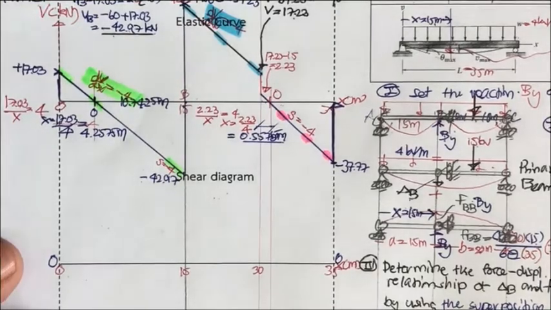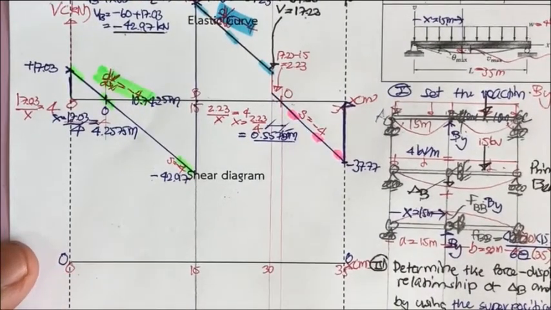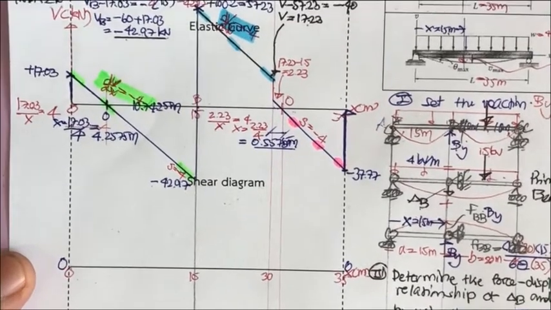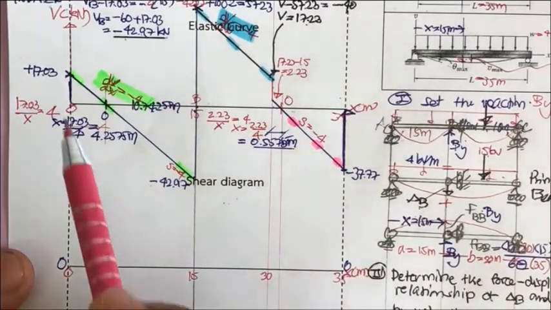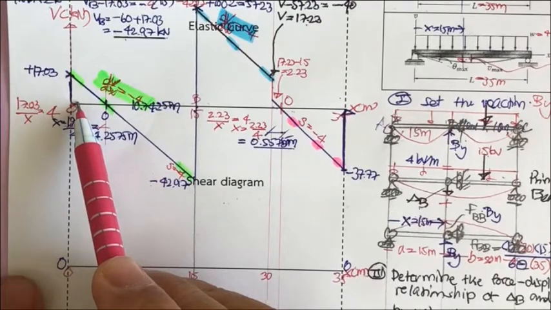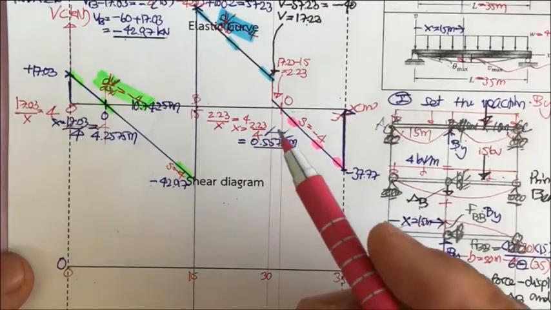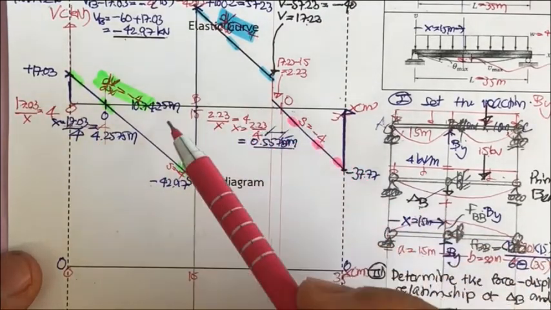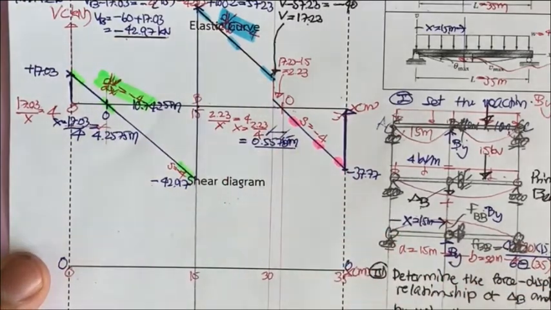Okay, to draw the moment diagram, you have to check the shear diagram. That's why we consider that. And you move from here to here. What we have for the shear diagram is dV by dx.